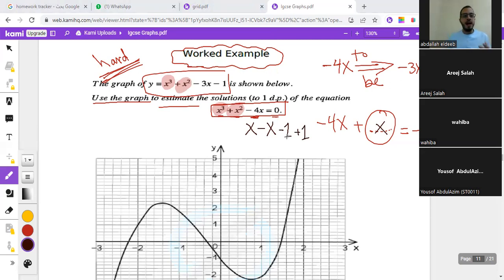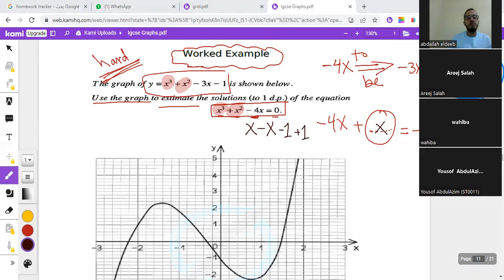It's like a game. You have something and you need to make it like another. Here I have negative 4x. I need to make it negative 3x.